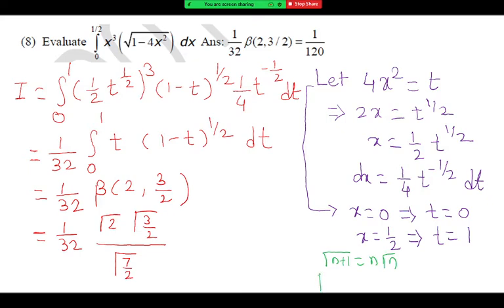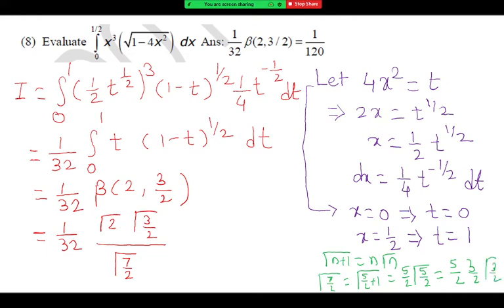So this gamma 7 by 2 is written as gamma 5 by 2 plus 1, and this can be written as 5 by 2 gamma 5 by 2. Is it okay? But that gamma 5 by 2 again can be written as 3 by 2 plus 1. So it can be written as 3 by 2 gamma 3 by 2. So I can write this as 5 by 2 into 3 by 2 gamma 3 by 2.